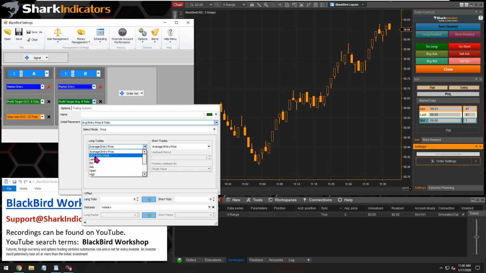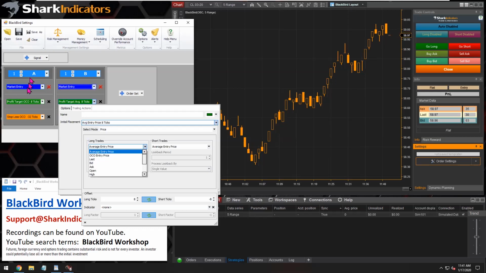So the OCO entry price for this would be the entry price for order set B. In other words, the entry order for B is this. And over for order set A, if the stop loss or the profit target uses the OCO entry price, it's going to be the entry price for its entry order.